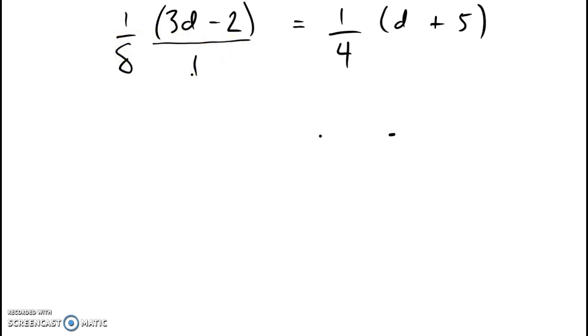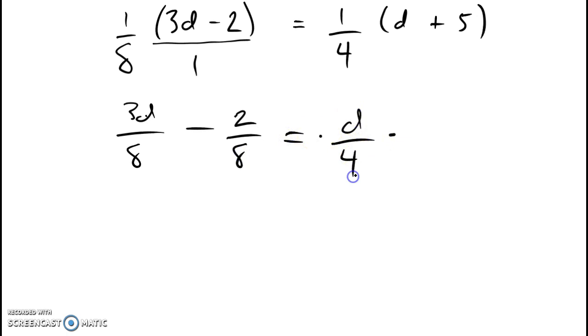So 1/8 times 3d is 3d over 8 minus 1/8 times negative 2 over 2 is 2 over 8, is equal to 1/4 times d is d over 4, and 1/4 times 5 is 5 over 4.